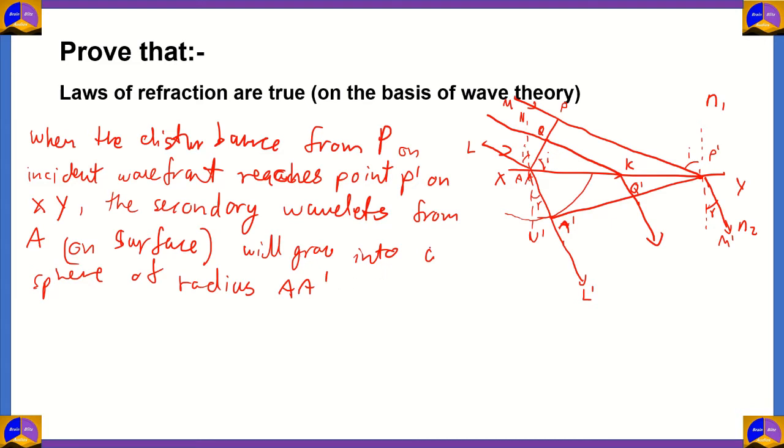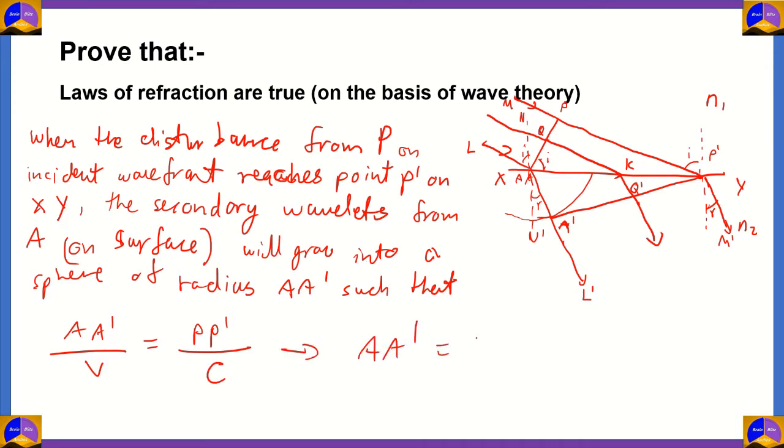So we'll grow into a sphere of radius A A dash such that A A dash divided by v, that is the speed of light in the medium, is equal to P P dash divided by c. Now from here you'll get A A dash is equal to v by c times P P dash.